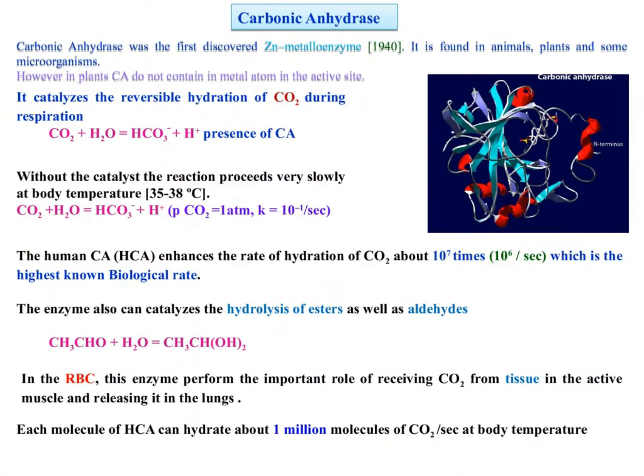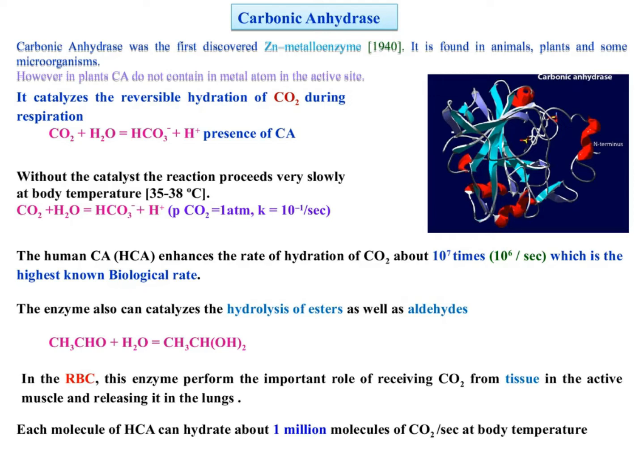Next, as I told in the last slide, the catalyst which catalyzes the reversible hydration of carbon dioxide in our body is carbonic anhydrase. In this slide, a little bit of information about carbonic anhydrase is described.